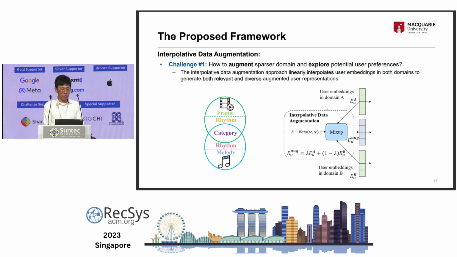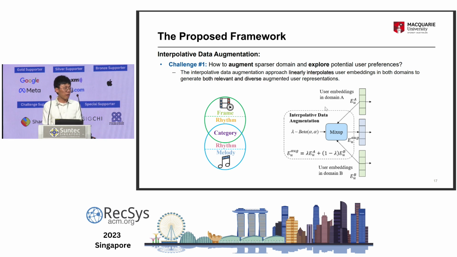Specifically for the first challenge, inspired by mix-up, we just want to generate both the relevant and the diverse augmented user representations. So in order to keep the relevance, we mainly focus on the common users, and then linearly interpolate user embeddings generated by GCN in both domains to generate the user representations.